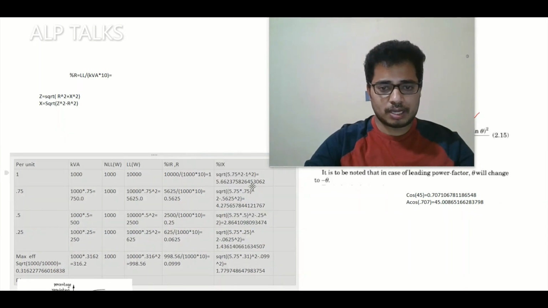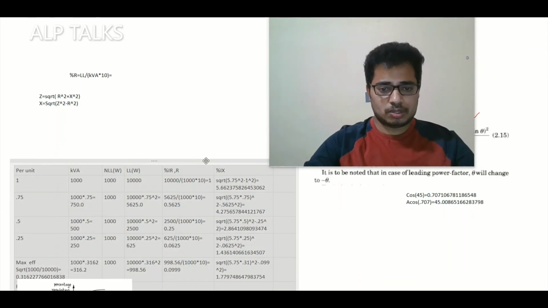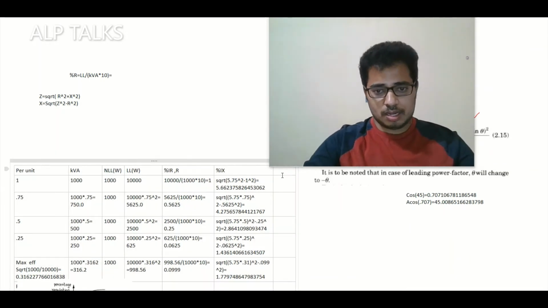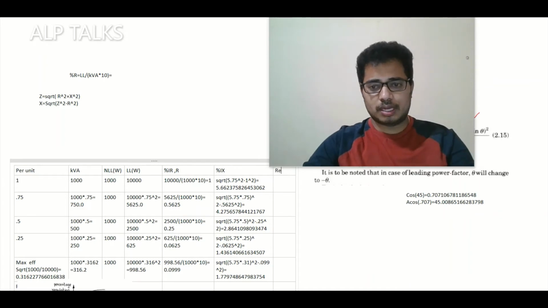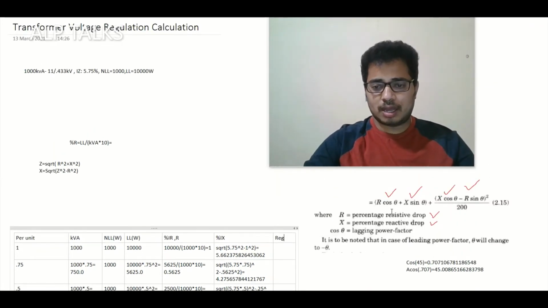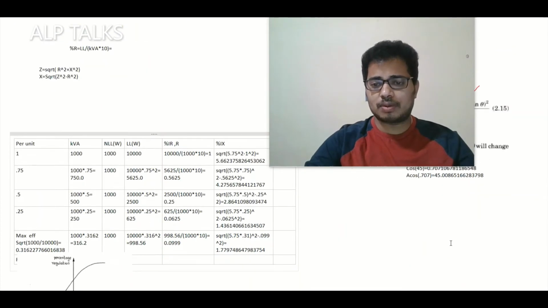We have everything now with us, whatever we want. So let's calculate the regulation. The regulation formula is R cos theta plus X sin theta, and we are going to keep it now. What are the things we have to consider?